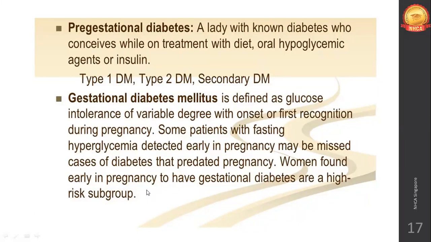This is because of the hormones that are functional during pregnancy. So any woman who suffered from gestational diabetes during any of her pregnancies naturally has a high risk of developing diabetes earlier in life. Even before menopause, she may get diabetes.